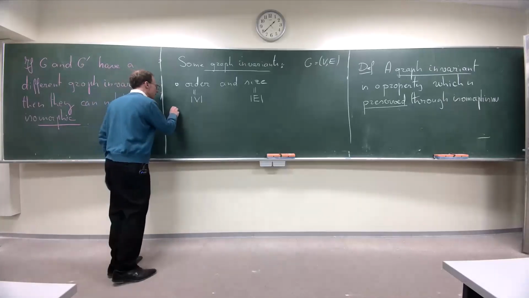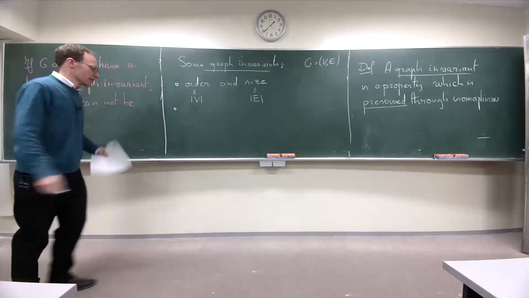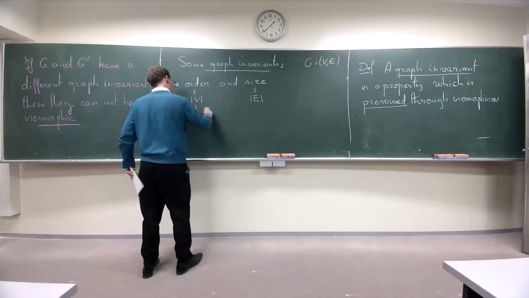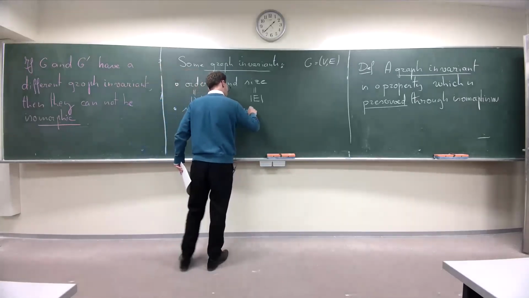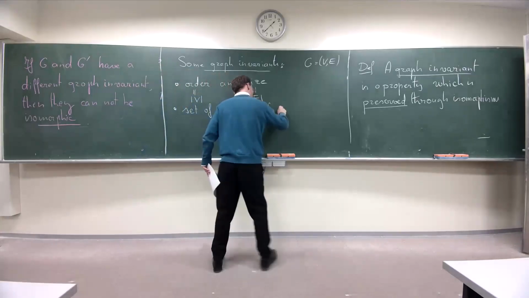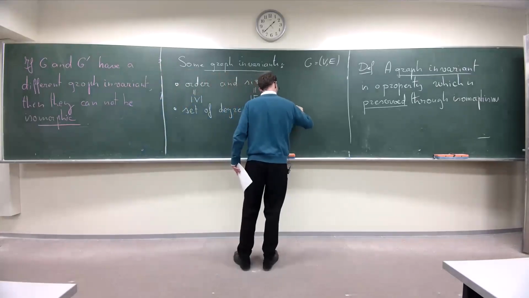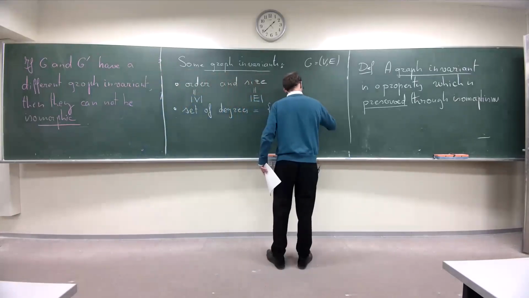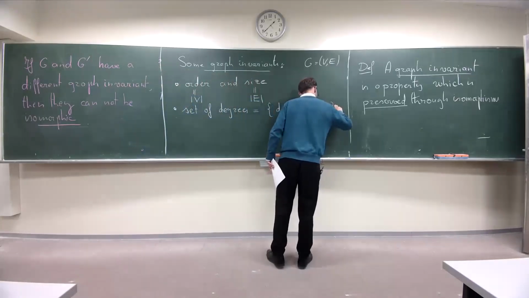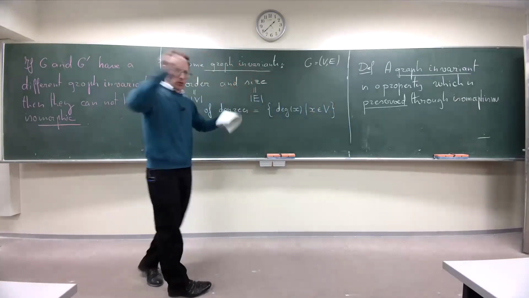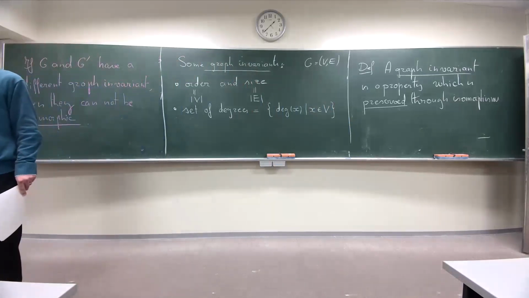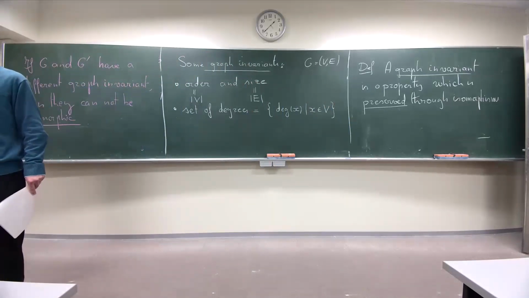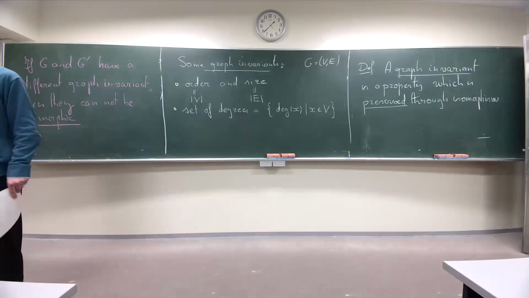It's an easy information. The set of degrees. It is a collection of all degrees. So take your graph, look at how many vertices have degree 0, 1, 2, 3, and so on.